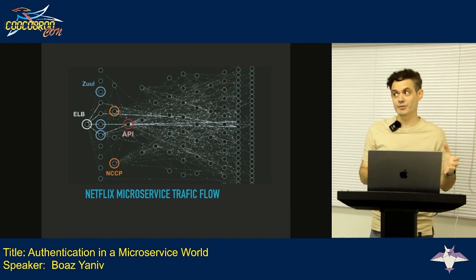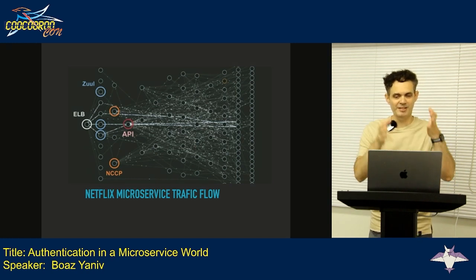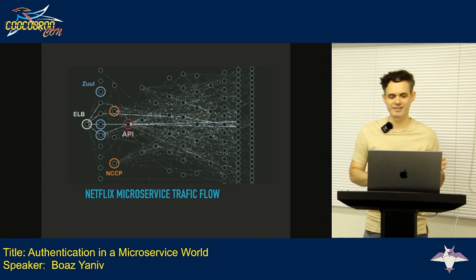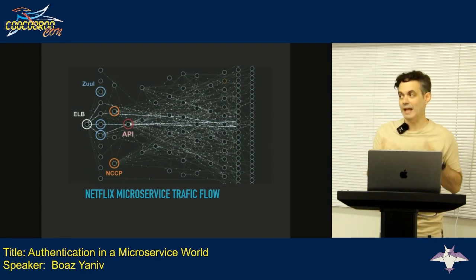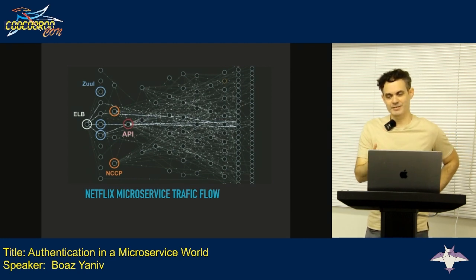Deep layers of microservices talking to each other, sometimes some gateways in front, but there are multiple access points. The communication patterns, the lines between the services, where you see traffic flows are very complex. And in this complex landscape, how do we deal with authentication?